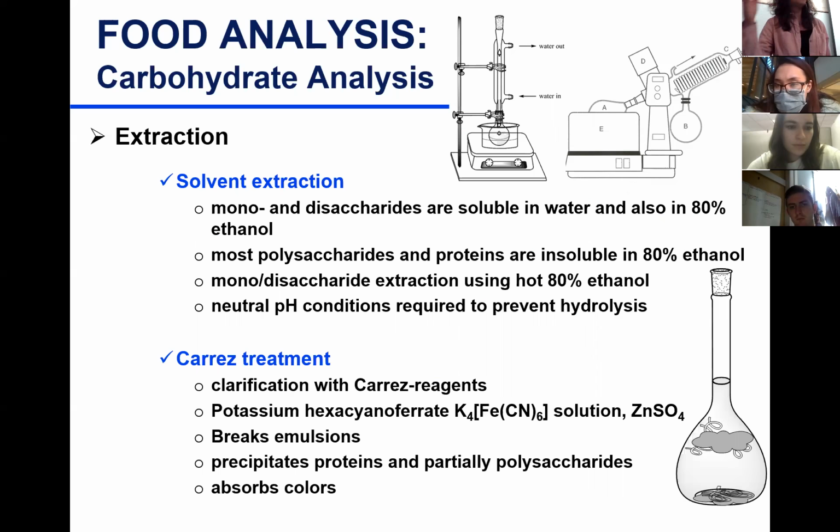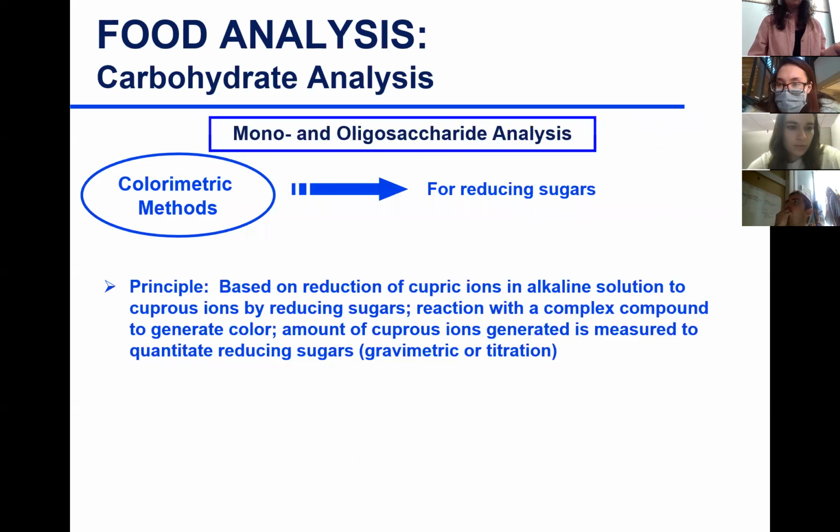Then you have to continue with either you're looking for reducing sugar content or you're looking for actual concentration of your different monomers, dimers, trimers, and oligosaccharides. So there will be different purposes. Let's say you want to determine the amount of reducing sugars that you have.